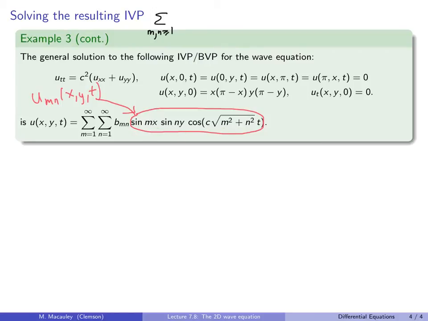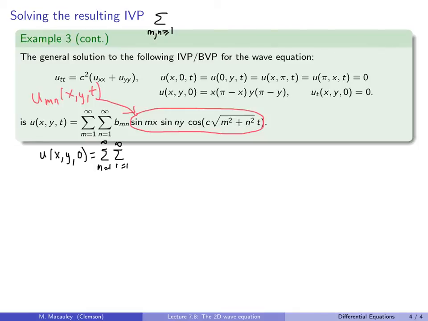So now we will actually use this last condition right here. This is the final initial condition, u of x, y, 0. So let's plug this in. We have this double sum, m equals 1 to infinity, n equals 1 to infinity.